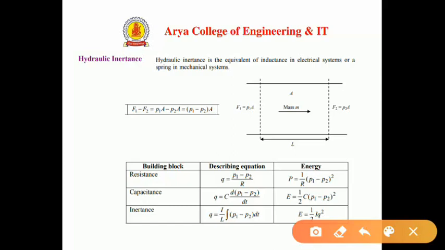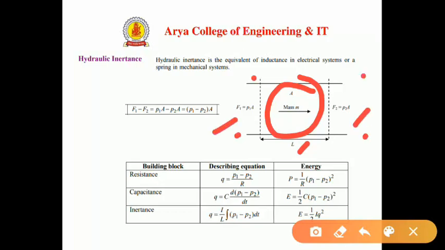So you can see in this image there is a mass of liquid, that is M, area that is A, and length of the block is L. If it moves from one position to another position, there are two forces F1 and F2, one at each side.